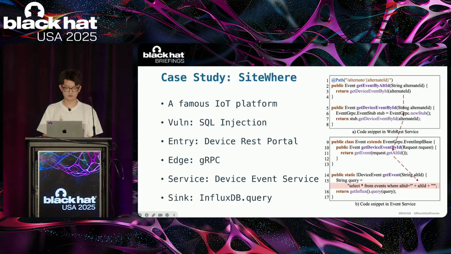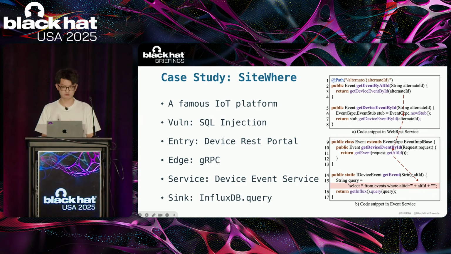Now, let me share a concrete example of how MScan works in the real world. This case comes from the well-known IoT platform, ThingsBoard, where we discovered an SQL injection vulnerability. In this scenario, user input first arrives at the device REST portal, moves across services via gRPC, and eventually reaches a database query in the device event service.